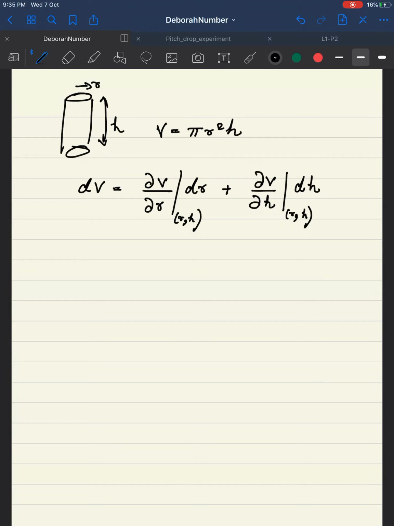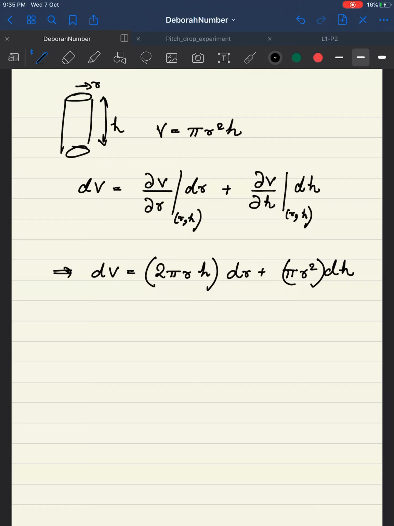So basically my dV is 2 pi r h into dr plus pi r square into dh. Great.